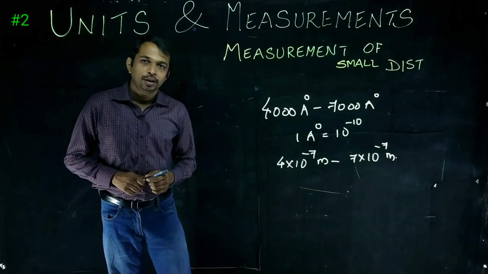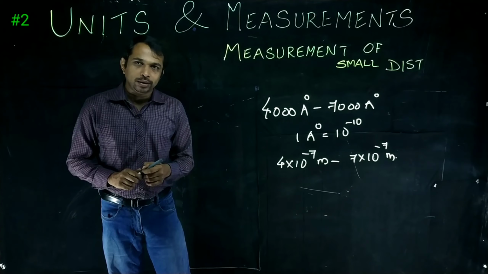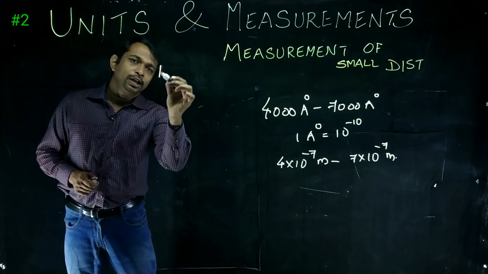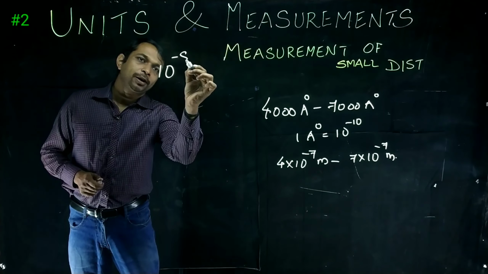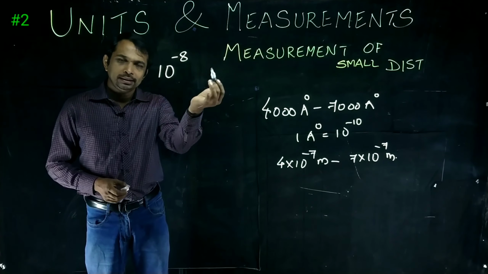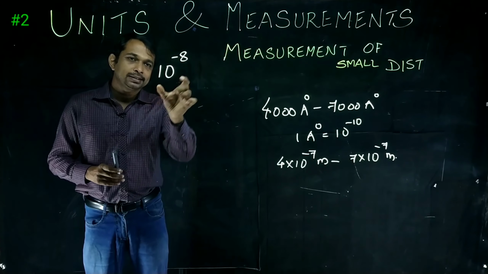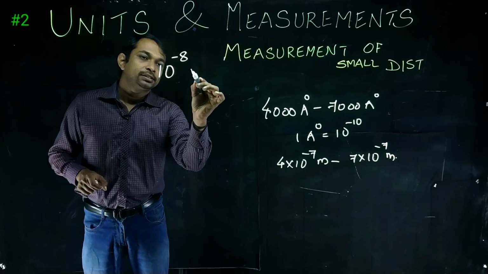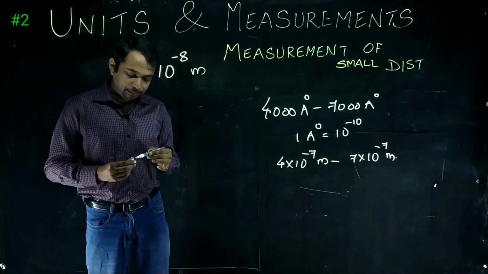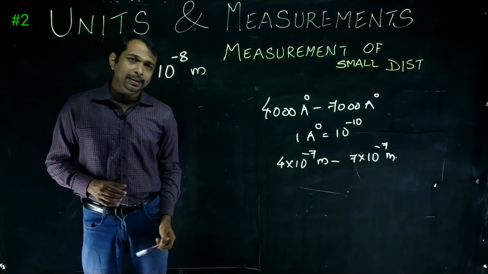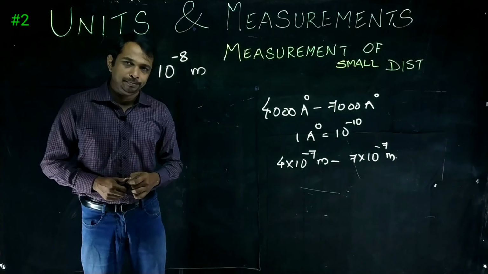Now imagine you have to observe a nucleus through a microscope, and the size of that nucleus is 10 to the power minus 8, or let it be an atom, whatever it is. The important thing is that its size is 10 to the power of minus 8 meters. Now my question is, can you use visible light to observe this one?